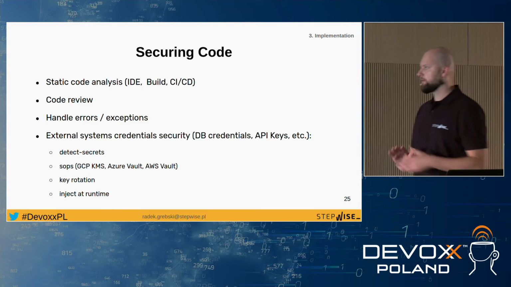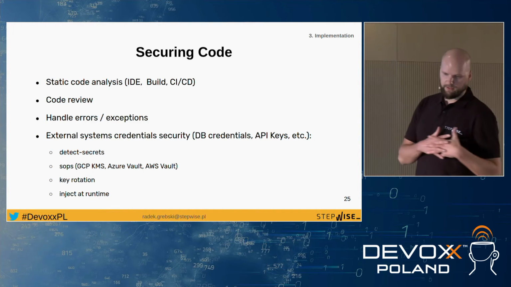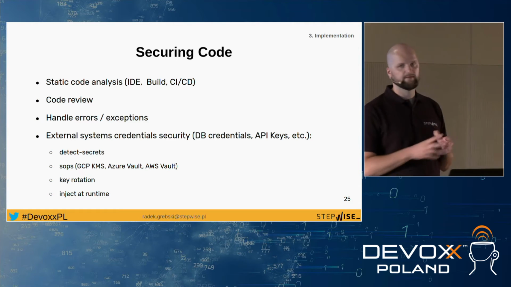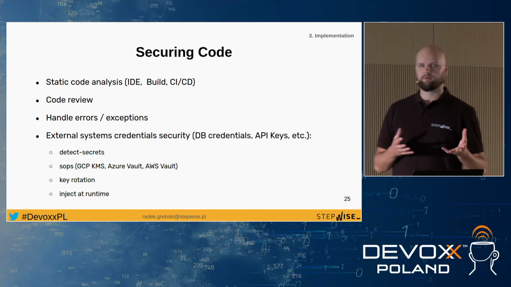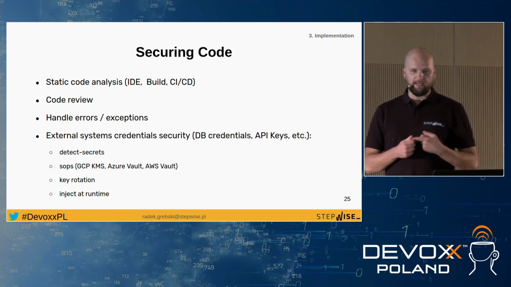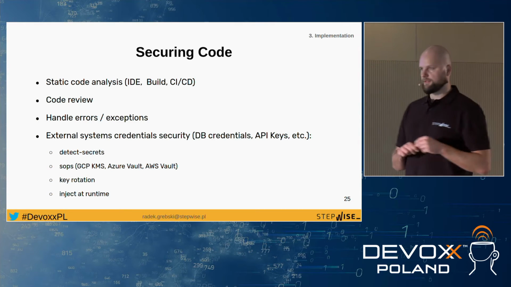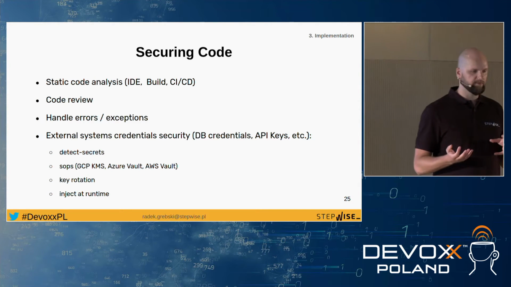Okay, securing code. We should utilize static code analysis, and we as developers should do it also in IDE. It should be done in a build phase. We should check it as well on CI.